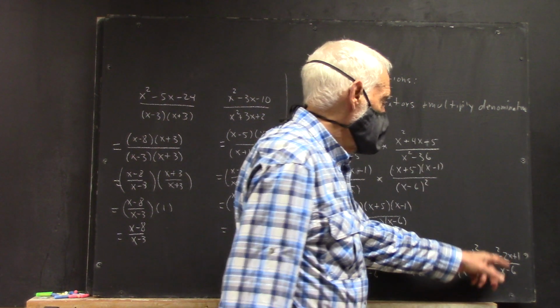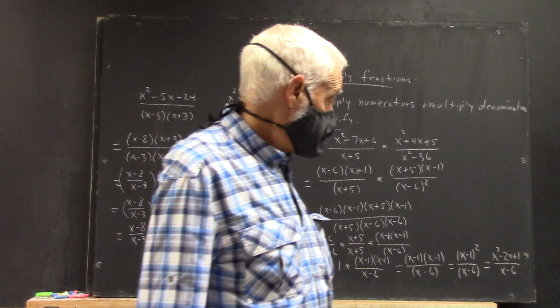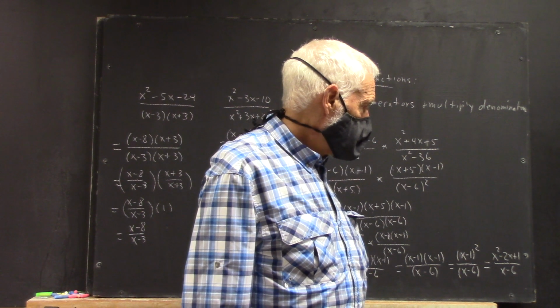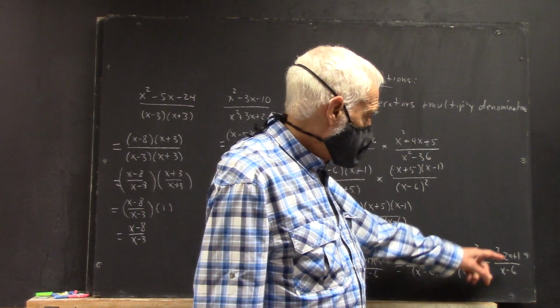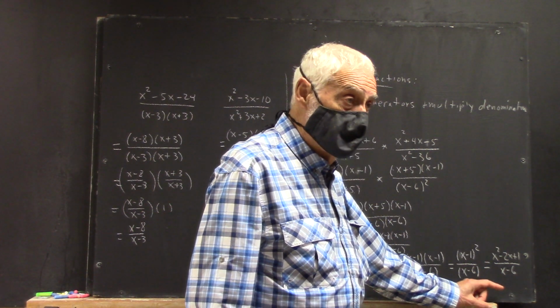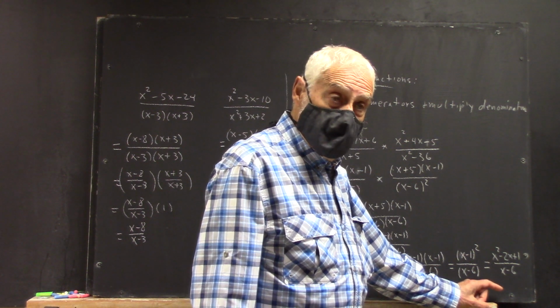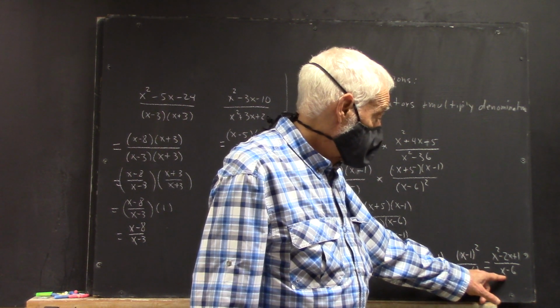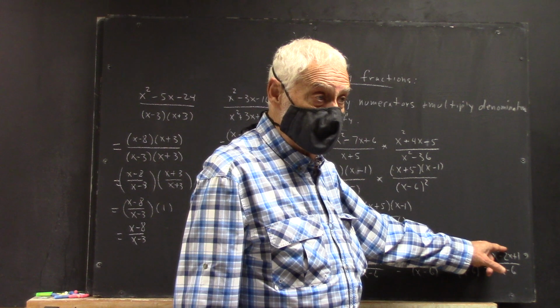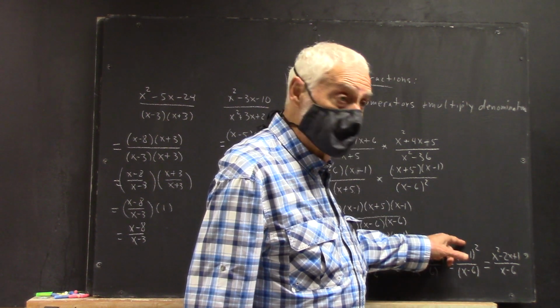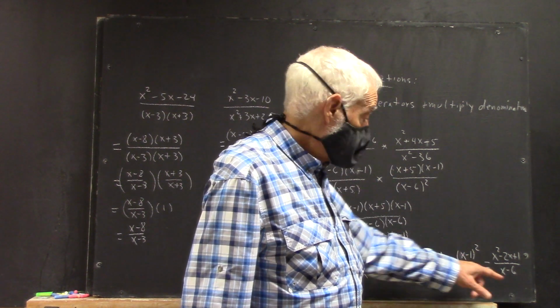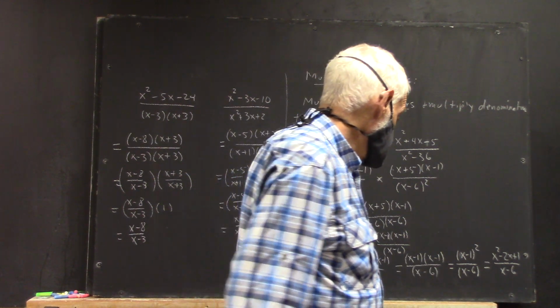We might want it in this form. For example, if we're going to construct the graph of this thing, and we'll talk a little bit about how that's done, we want to do a long division of this into this. Can't do a long division of this into this, okay? So sometimes we want this form.